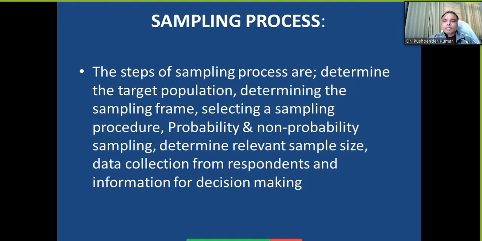Random, non-random, or probability or non-probability sampling method, right? Then determine the relevant sample size, whether it's 100, 30, 400, 300, that we have already discussed, that it should be minimum 300. And then collect data from respondents, and use the information for decision making.